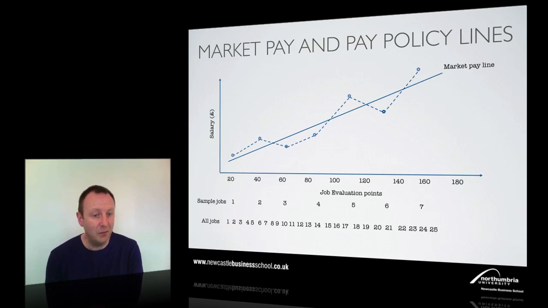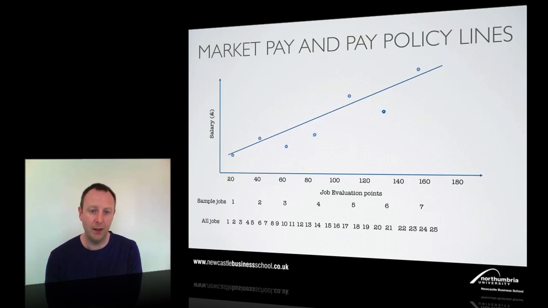Obviously, the way in which any one of those factors might be off, in varying degrees, would reduce the reliability of that market pay line and reduce the approximation of market pay for each one of those jobs.